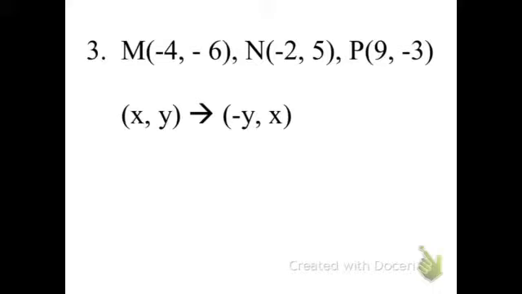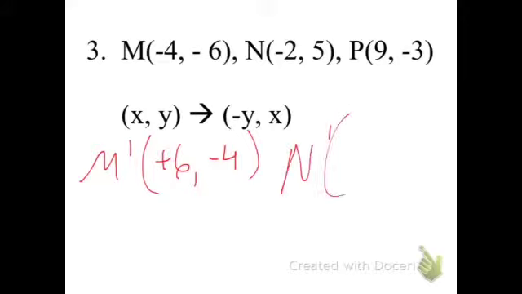Moving on to 3. This function tells me to switch the order and change the sign on the first one after you've switched them. So M used to be at negative 4, negative 6. So I'm going to get negative 6, negative 4. But I need to change the sign on the first one. So we got positive 6, negative 4.